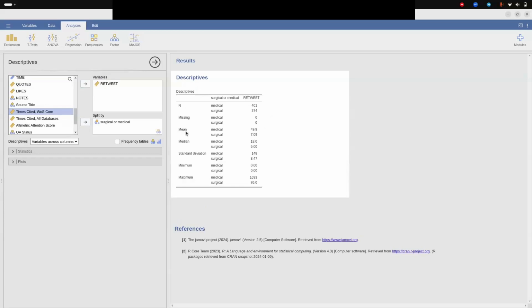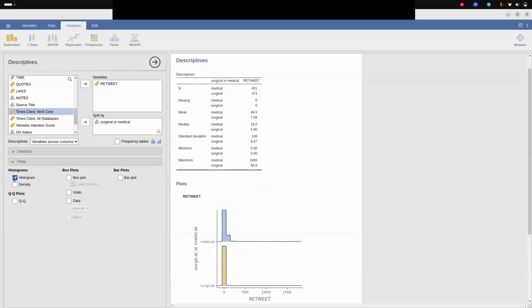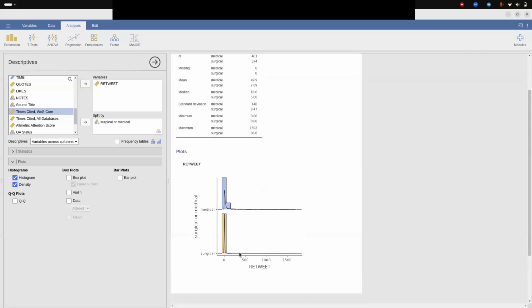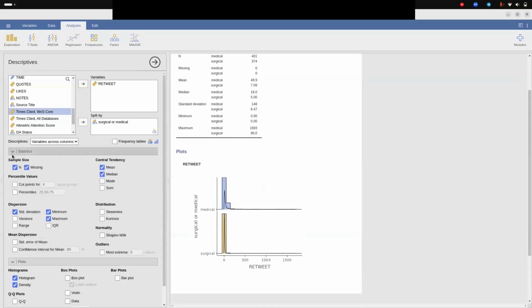What's the difference between mean and median? Well, it's pretty massive, more in medical papers rather than in surgical papers, but still pretty massive. So this data is probably not normally distributed. We can see that even more if we use a histogram, even if we do a bit of density there. You will see straight away that the data is skewed.